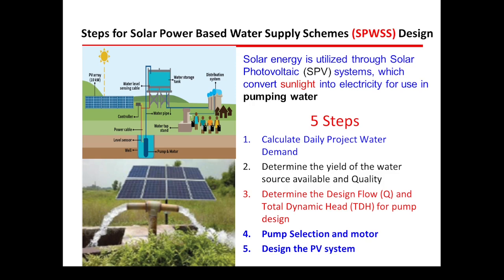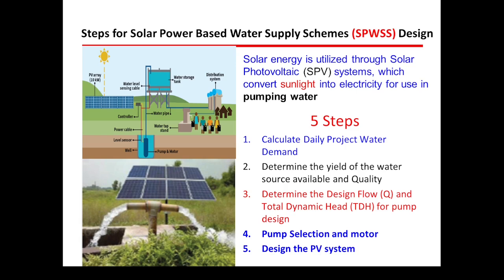So my friend, on your left hand side corner there is a schematic diagram of a solar power based supply scheme. Here we have this borehole where we installed our pump and the motor, and then on the left hand side we have the PV array. Above there is a sun.